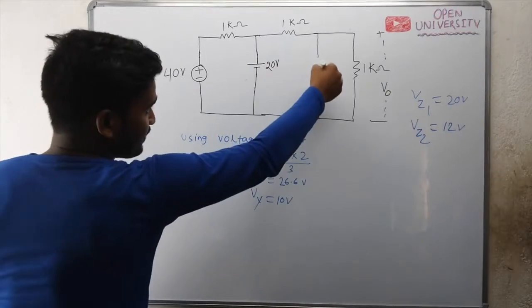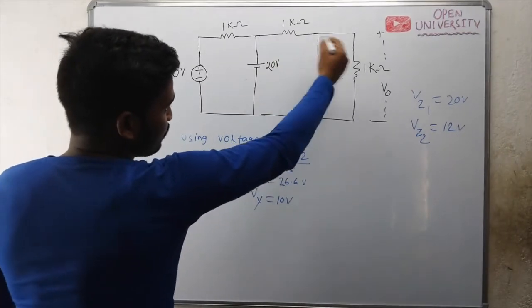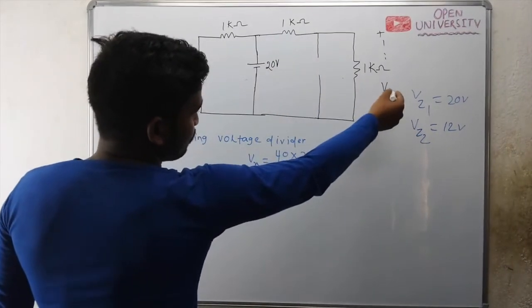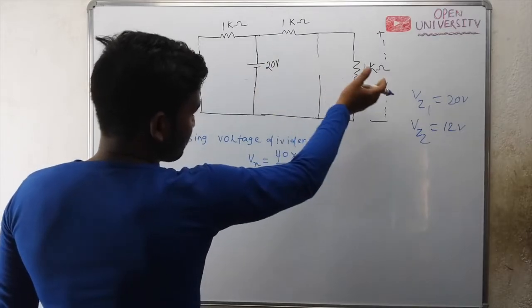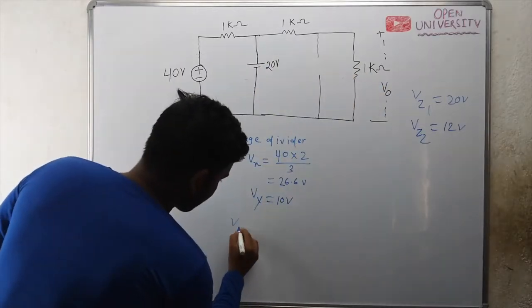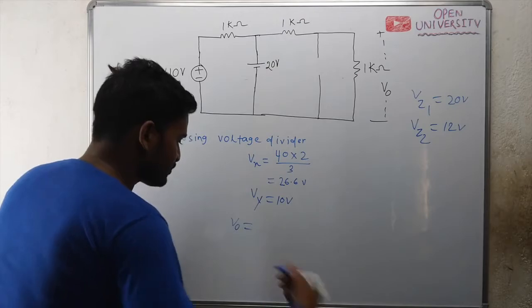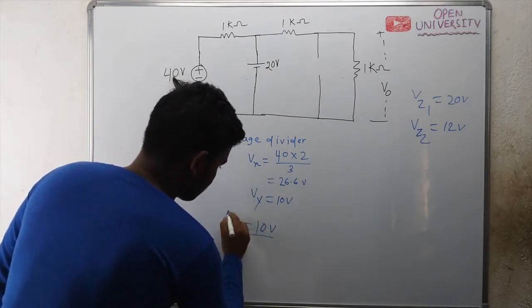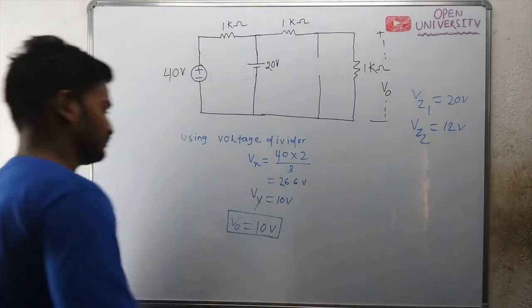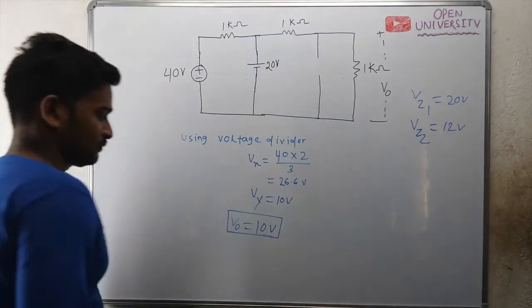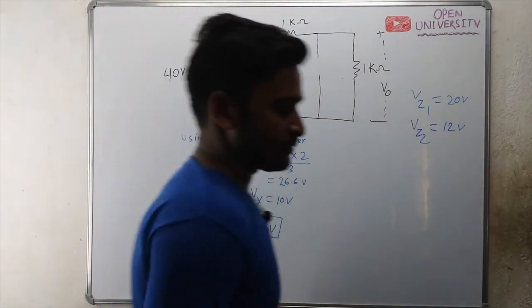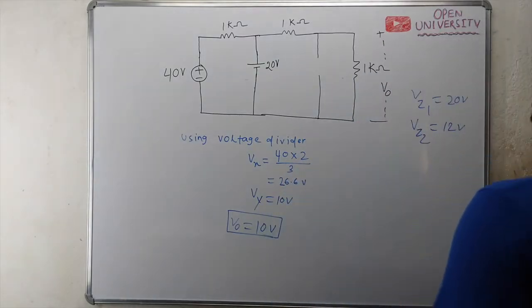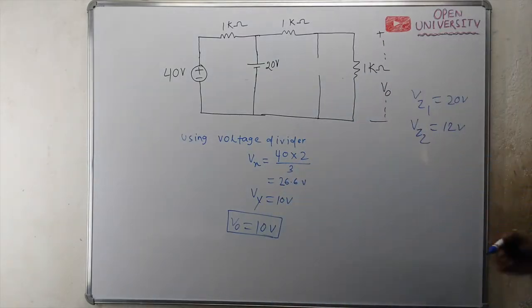If you have an open circuit in this diode, this 20 volt will drop equally across the 1 kilo ohm resistors, so the output voltage will be 10 volt. This is the answer to the question. 10 volt is the answer.